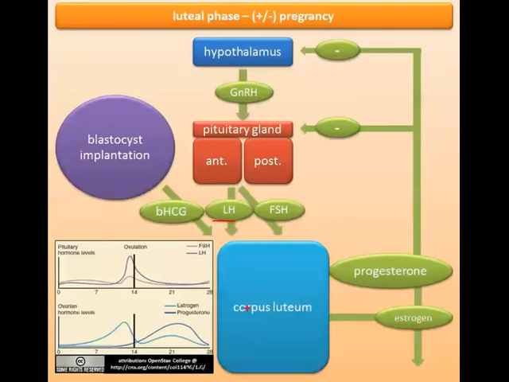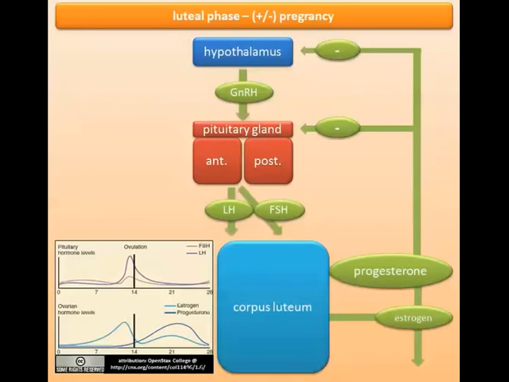So instead of the corpus luteum atrophying and going away and progesterone and estrogen production going down, the beta HCG maintains the corpus luteum and maintains production of progesterone and estrogen, especially progesterone, which is very important because it allows the pregnancy to keep going. That occurs for the first 8 to 10 weeks under the influence of primarily the corpus luteum, and then the placenta takes over those functions.